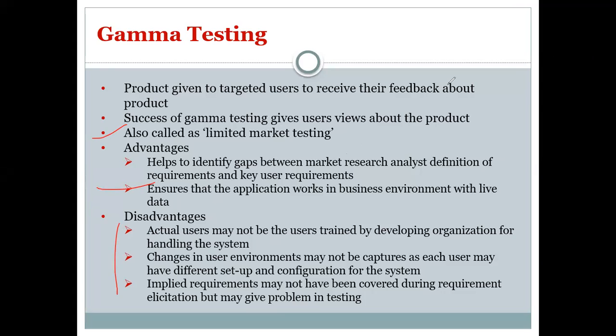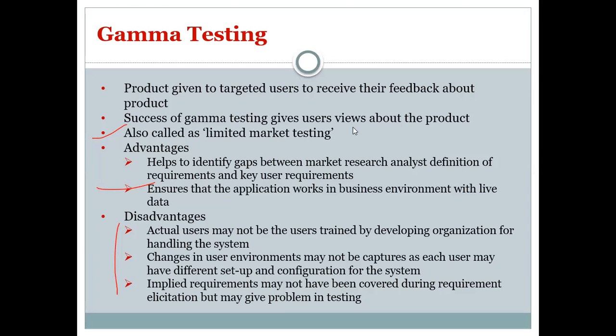for handling the system. So changes in user environments may not be captured, as each user may have a different setup and configuration for the system. Implied requirements may not have been covered during the requirement elicitation, but may give problems in the testing.